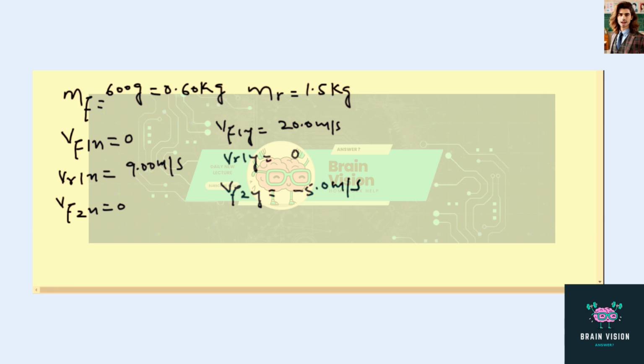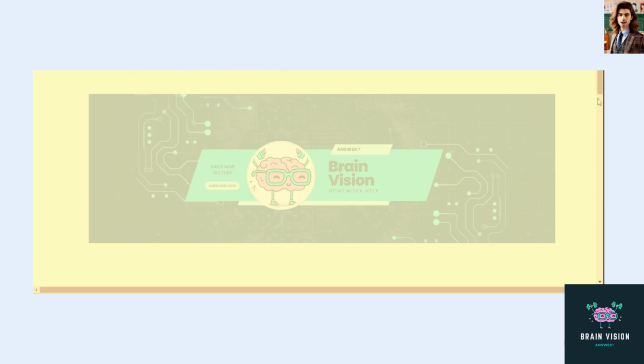Well, now from collisions we know that since there is no external net force on the system, the total momentum before the collision equals the total momentum after the collision. Therefore, total initial momentum is equal to total final momentum. P1 is equal to P2.